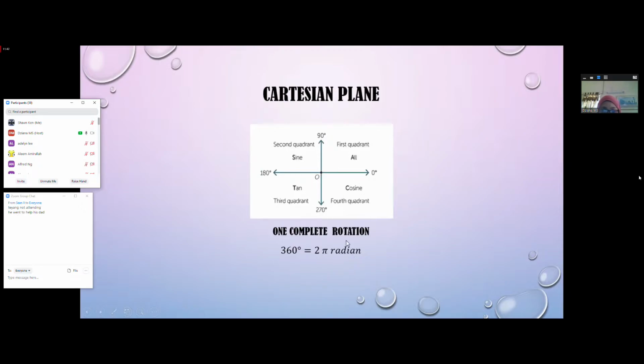It's another unit. So 360 degree is also equivalent to 2 pi radian. Some questions are not in terms of degree, but in terms of pi rad. So basically, half a rotation, 180, equals pi radian. Okay, understand?